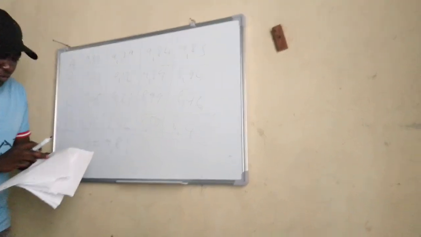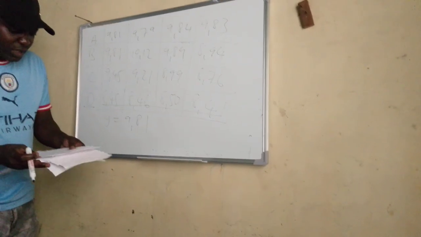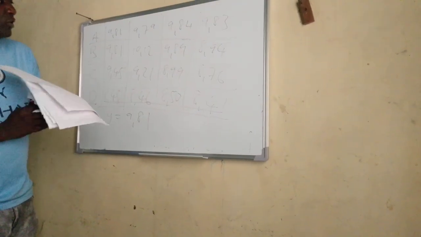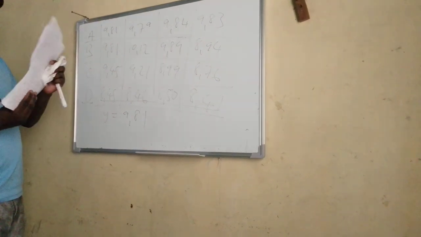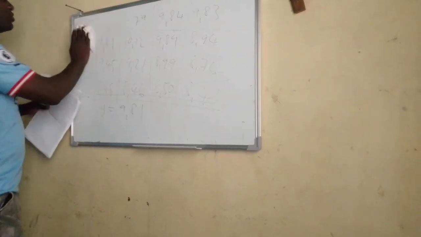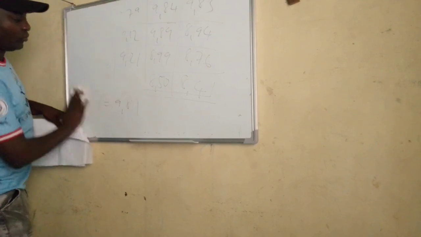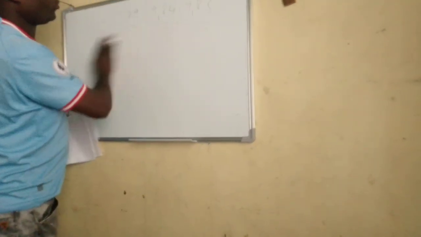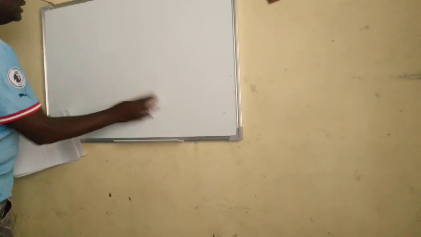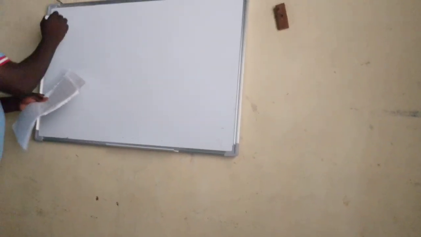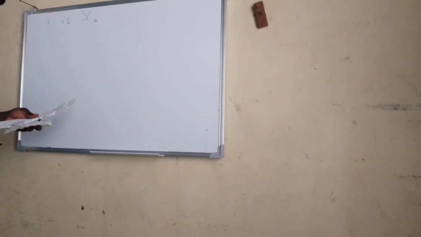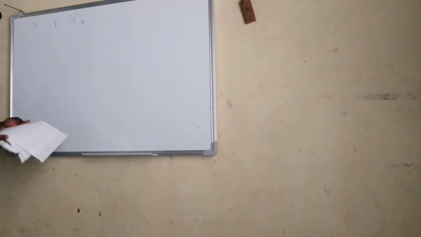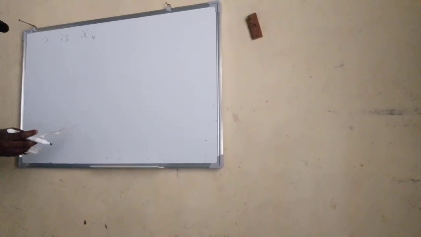So lastly, we're going to move on to question 10. Question 10. The true value of a quantity x is x naught. In an experiment, the quantity is measured many times and the number n of readings giving a value x is plotted against x.